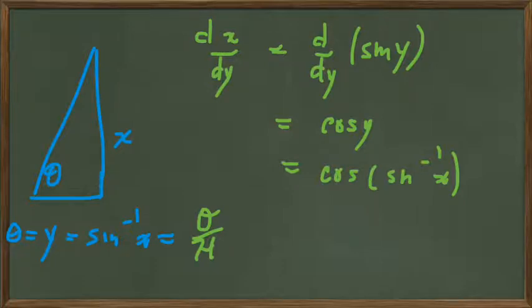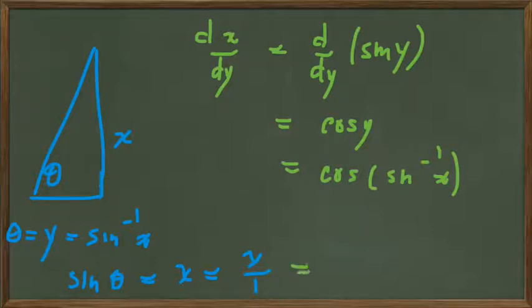And on this triangle, we're going to set y equal to sine inverse of x and call that also theta, the angle in the triangle. Now we're going to take the sine of both sides, so we get sine of theta equals x, which equals x over 1, which, coming from the definition of the sine function, is the opposite over the hypotenuse for this triangle with theta positioned here.